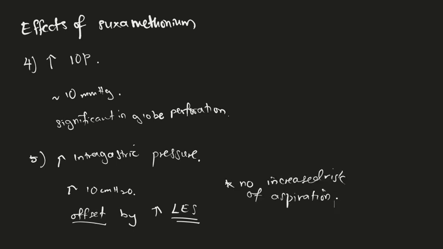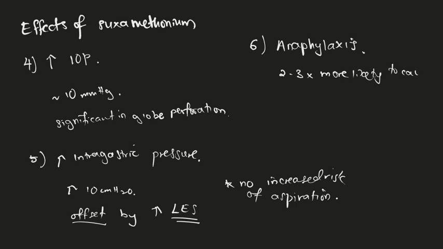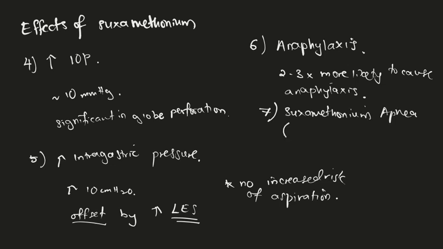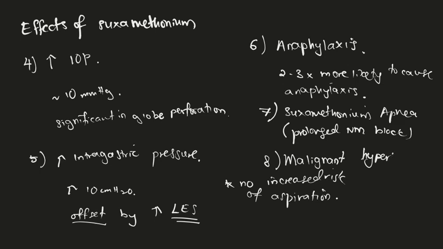Therefore, there is no increased risk of aspiration. Then you also have the risk of anaphylaxis, which is about 2 to 3 times more likely with the use of suxamethonium. Then you have suxamethonium apnea, or Sux apnea, which is basically a prolonged neuromuscular block. And lastly, it's malignant hyperthermia.